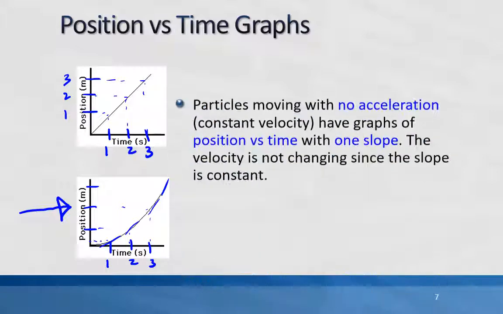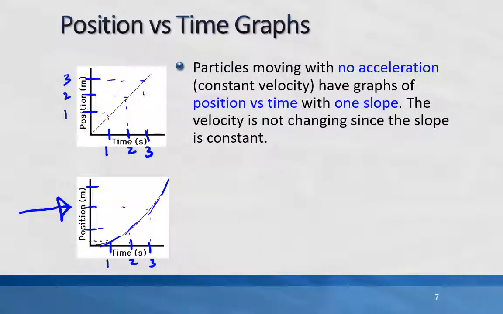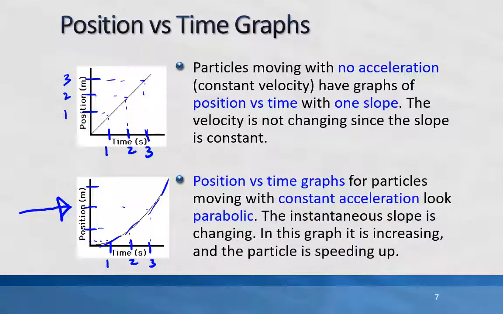So in the first one, the particle is moving with no acceleration at a constant velocity, but in the second one, the object is moving with an acceleration, and it's parabolic. It's getting faster and faster and faster.